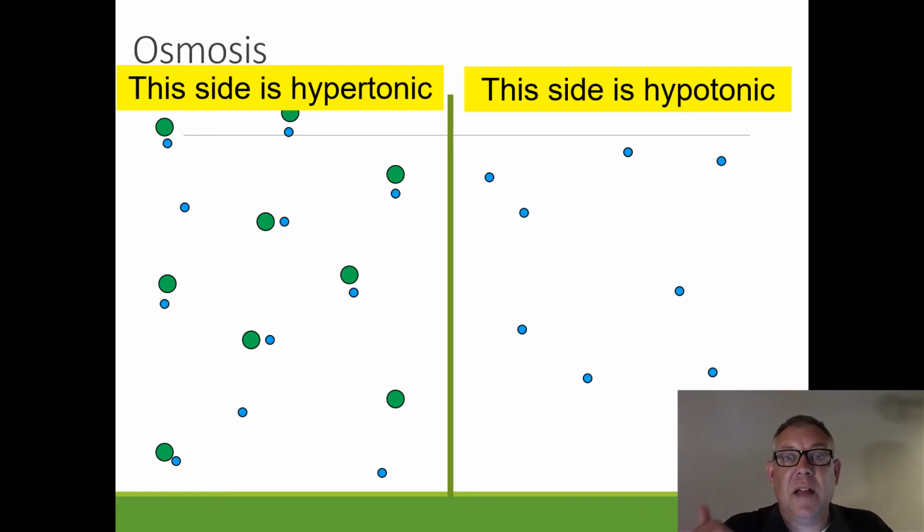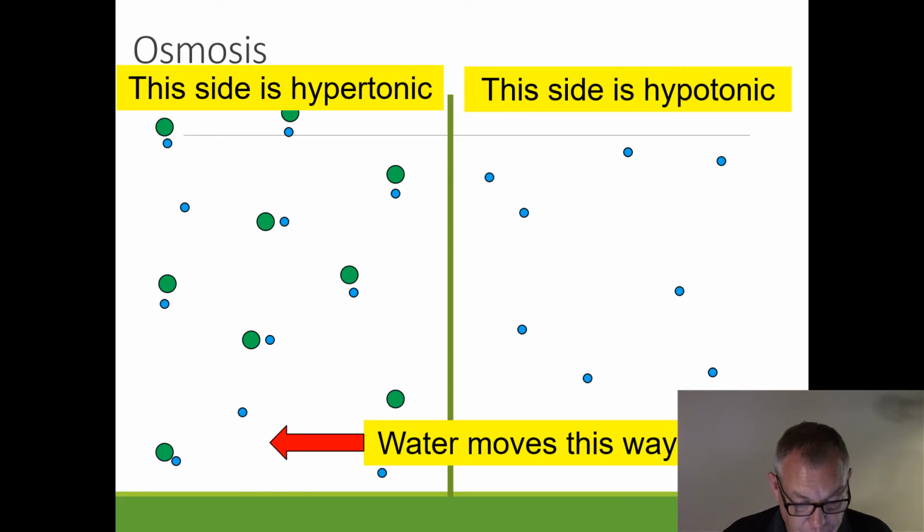On the right side, that's hypotonic. It has less solute, which means it has more free water. Again, think about those free water molecules moving around. Some of them are going to go to the other side. You're going to have a net movement of free water from the right side to the left side. That's osmosis, all right?